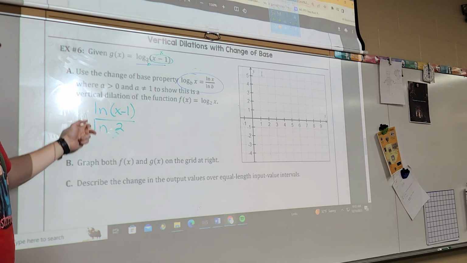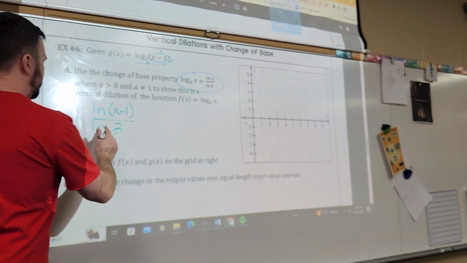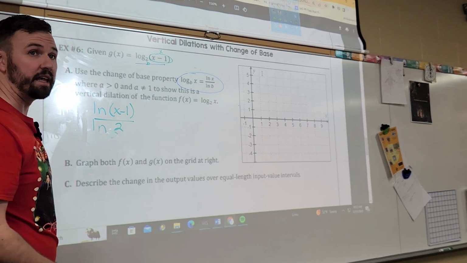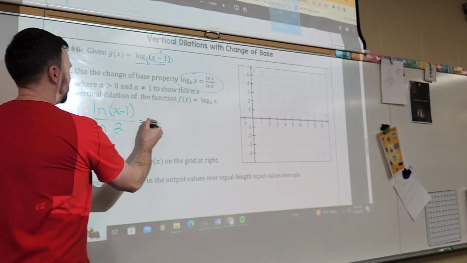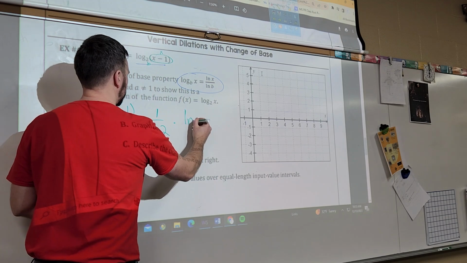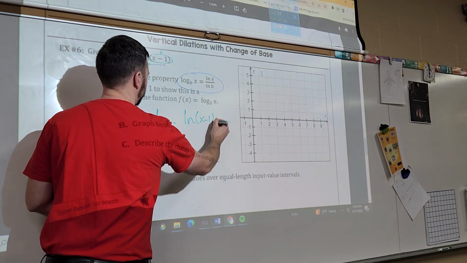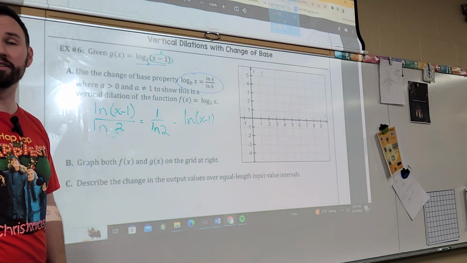Now that natural log of 2 is a vertical dilation, right? Because natural log of 2 is a number. So I could rewrite this as 1 over natural log of 2 times natural log of x minus 1, right? So there's the vertical dilation, because 1 over natural log of 2 is a number.